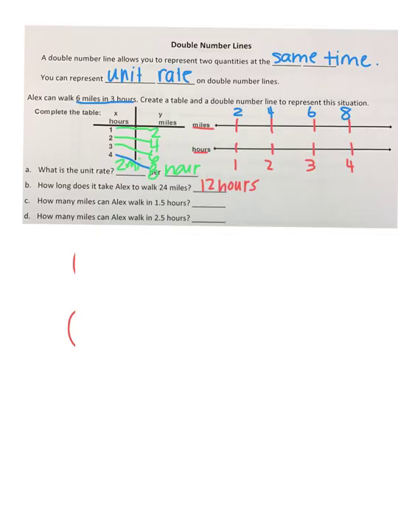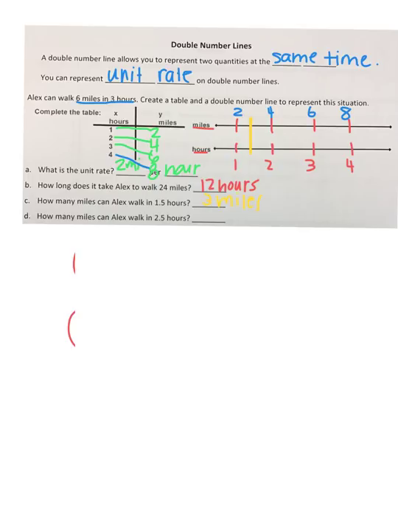The next one asks, how many miles can Alex walk in 1.5 hours? So for this one, we don't need a proportion because we can use our double number line to answer. So we look at our hours number line, and we need to go to 1.5 hours. So that's halfway between 1 and 2. And we look what it matches up with on our other number line. So in this case, halfway between 2 and 4 would be 3 miles.